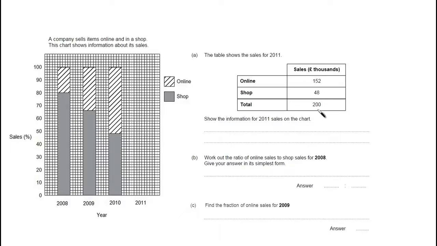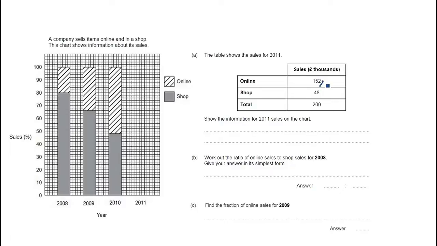Well, if the total number of sales was 200, then all we need to do to get the correct percentage, instead of trying to put 152 on the chart, is divide by 2. If it's out of 200, we can simply divide by 2.